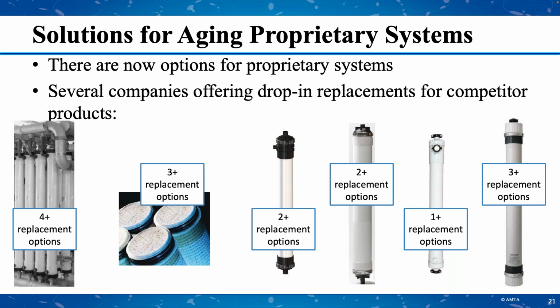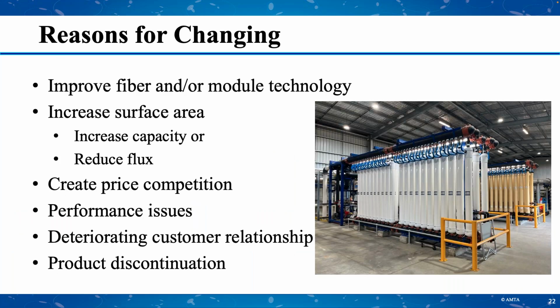Okay, next slide. And you might have a number of reasons for changing. So there may be improvements in the fiber or module technology. Maybe you need to increase the installed surface area so that you can increase your capacity, or maybe you want to reduce the flux.